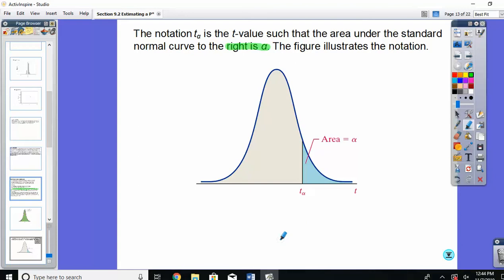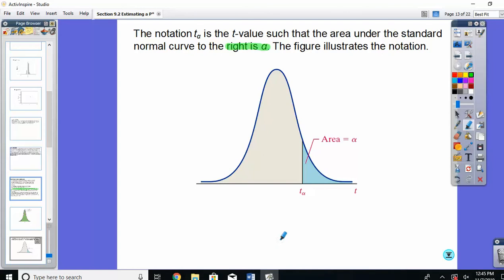We actually have a table for our T values, but this one is different. If you flip in your formula sheet to the T distribution, and look at the picture at the top, this table actually gives you the area to the right.